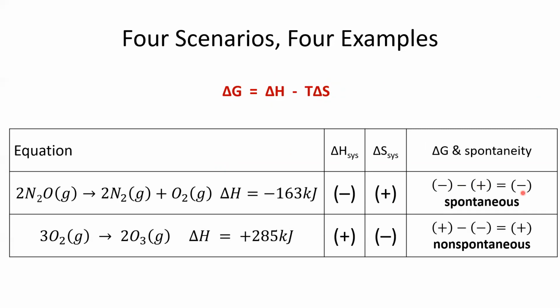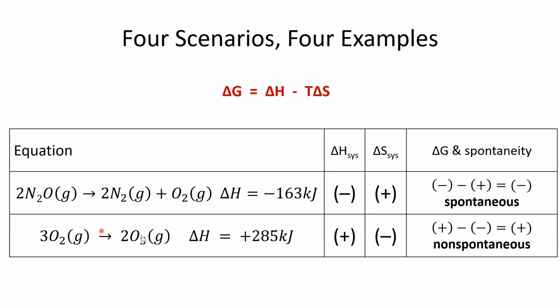Delta G can only be negative if we're looking at an exothermic process that increases the entropy for the system. Delta H being negative, exothermic, is enthalpy favored. A positive delta S is entropy favored. The reaction will always be spontaneous.